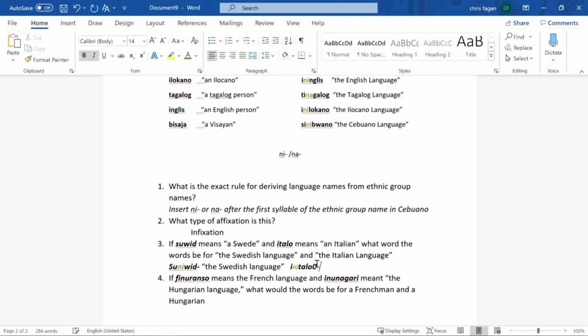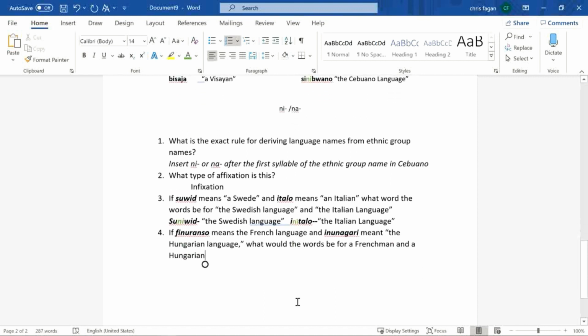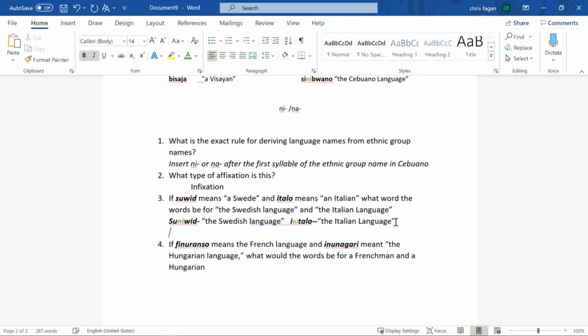Nice and simple. So then last, I have a couple more data that might change my theory here. I have Finuranzo, meaning the French language, and Innu Nagari, meaning the Hungarian language. So I look after that first syllable, just like I did before, and I see fi and e, but I see a different form of that morpheme here.